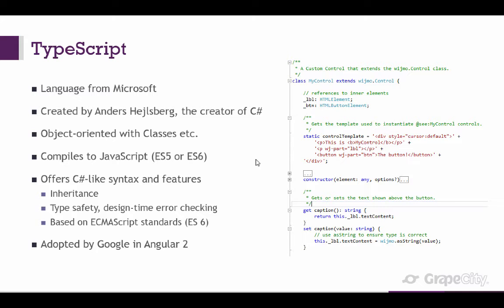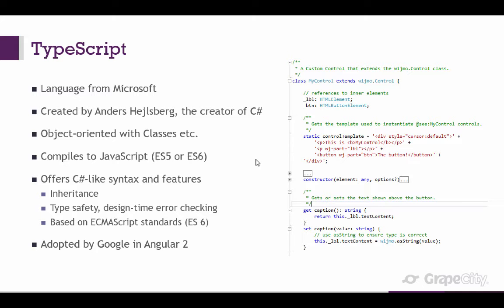Some of the nice features it has, you can easily do inheritance, which can be done in JavaScript. It just takes a little more expertise, and you have to be a little more careful with it. It automates that for you when you do it in TypeScript. It compiles all that inheritance for you, and the code that it requires to do inheritance in JavaScript.